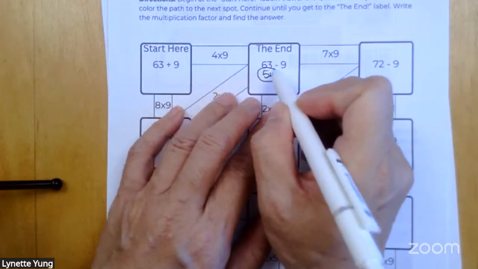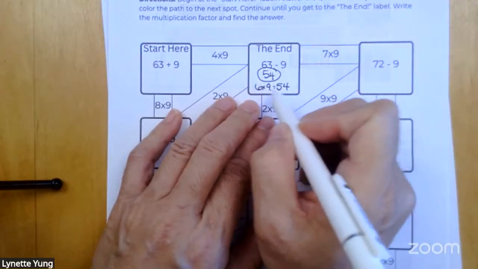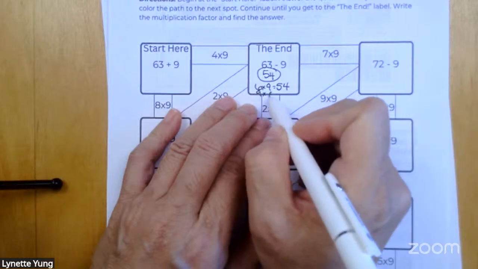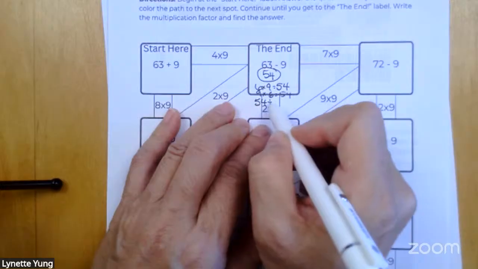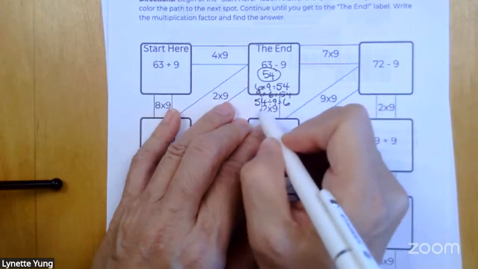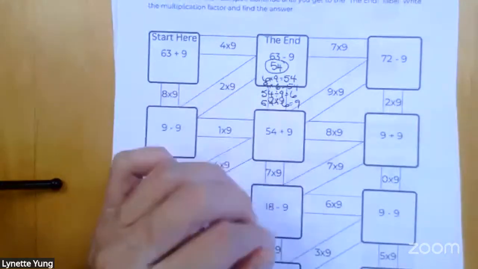So 54, you need to know 6 times 9 is equal to 54, or 9 times 6 is equal to 54, or 54 divided by 9 is equal to 6, and 54 divided by 6 is equal to 9. That's what you get from all of that. Be able to write that all in the box.